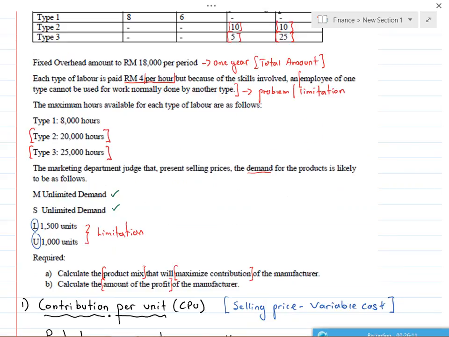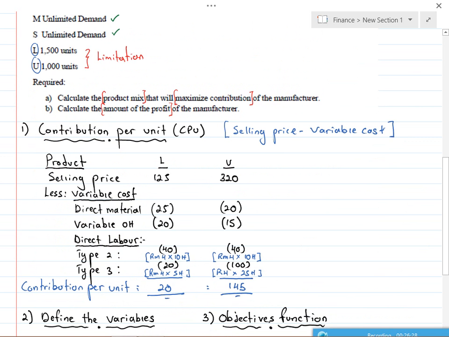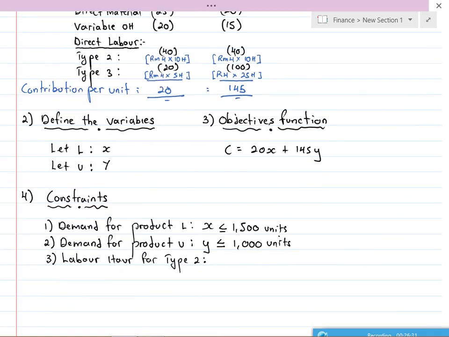Then what do you want to do with the 10 and 10? Now the 20,000 and 25,000 hours, each type can work only for how many hours? 20,000 and 25,000 hours for type 2 and type 3. So what are we going to do with the 10, 10? You still have to put it in.